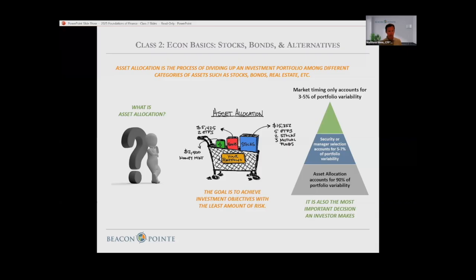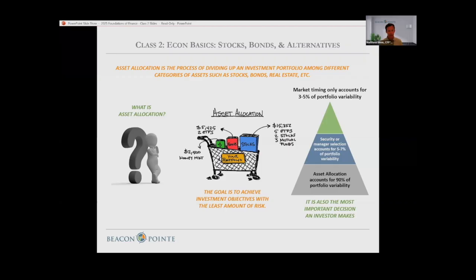One is security selection or manager selection. And the third and final one is asset allocation, what we have been talking about. Asset allocation drives over 90% of portfolio outcomes over a longer period. So you can imagine if it's the biggest driver by a lot, then that's something that an investor and certainly a wealth manager is going to look at very closely when constructing a portfolio.